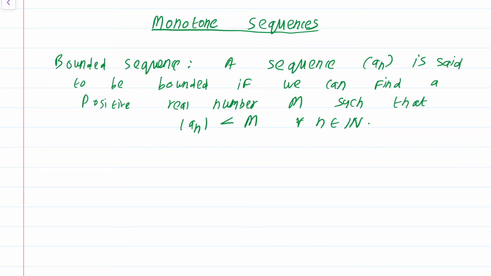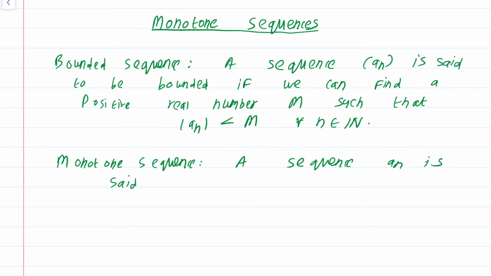The second definition is monotone sequence. A sequence a_n is said to be increasing if a1 is less than or equal to a2, is less than or equal to a3, and so on.